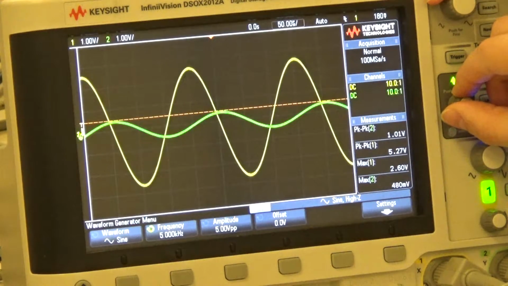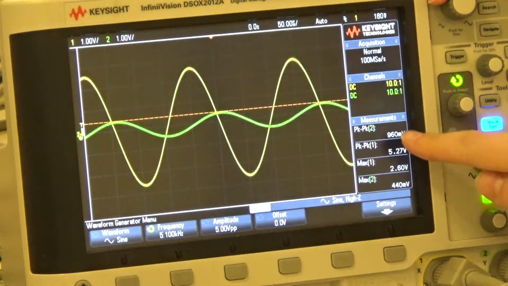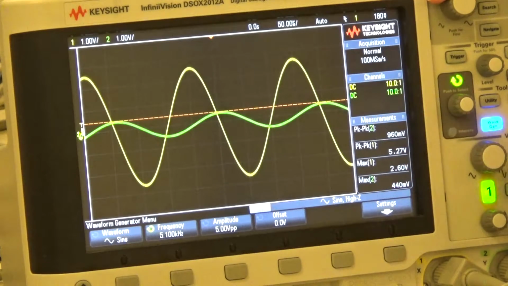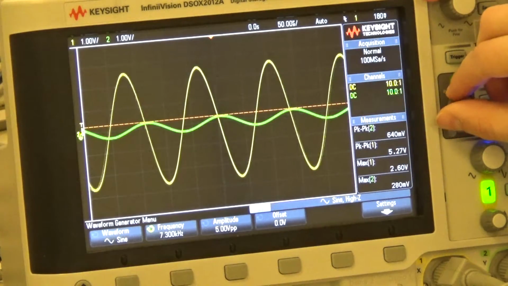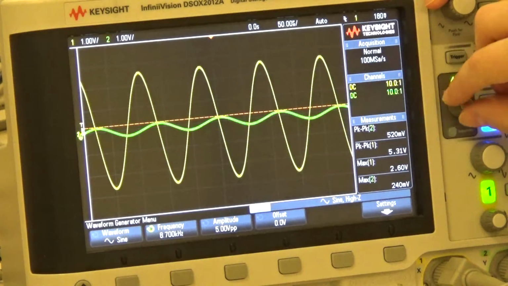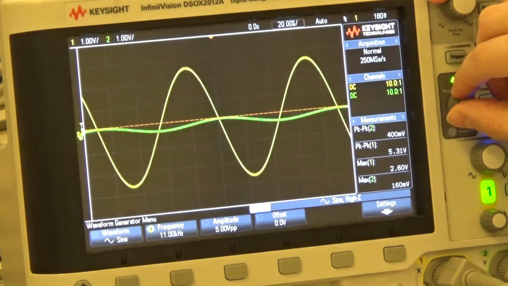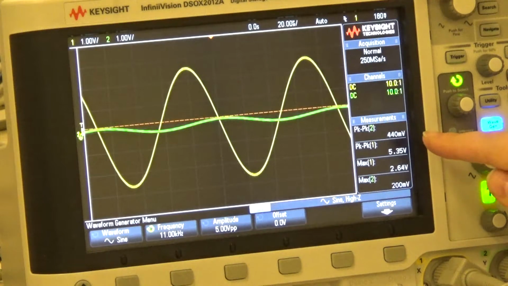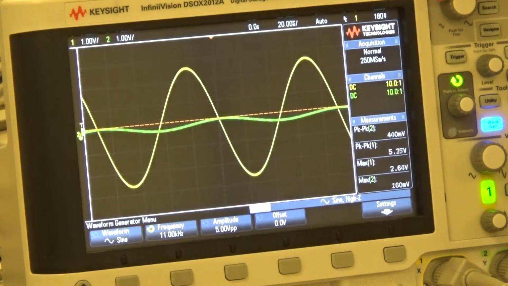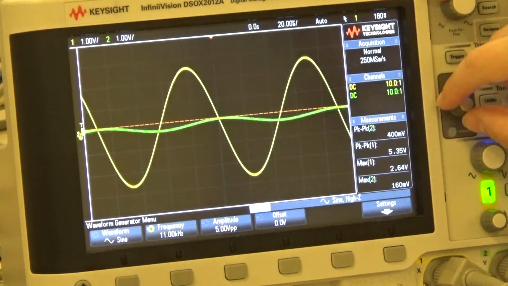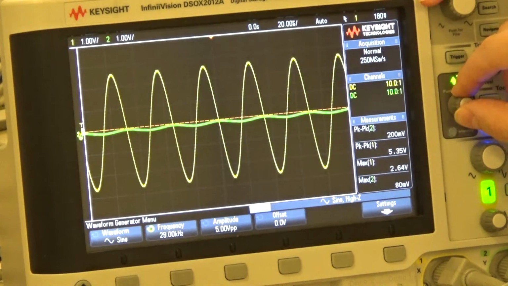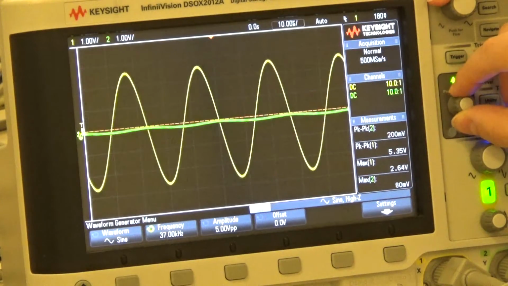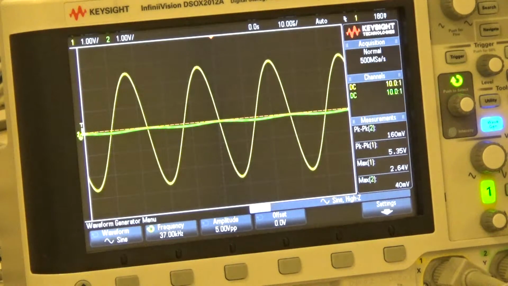I'm at 5 kilohertz right now, and the peak to peak of the output has dropped below 1 volt. If I further increase the frequency, let's get up to 10 kilohertz. At 11 kilohertz, the reading is 400 millivolts, a very small value. If I increase the frequency further, the output will become smaller and smaller.